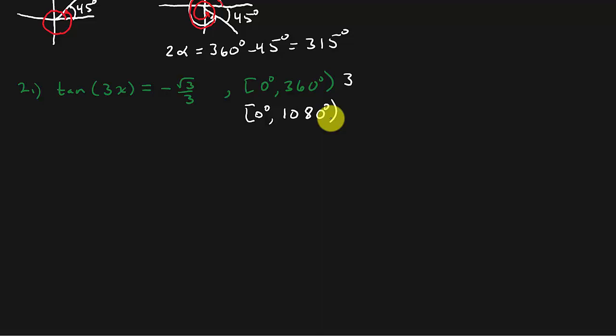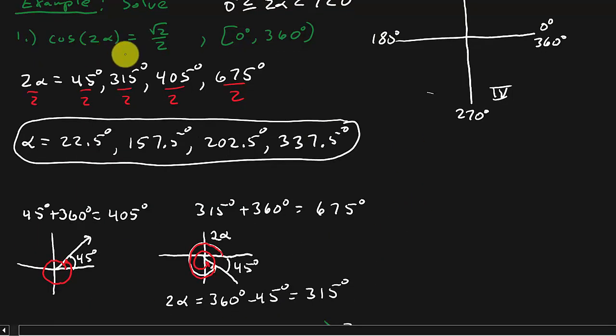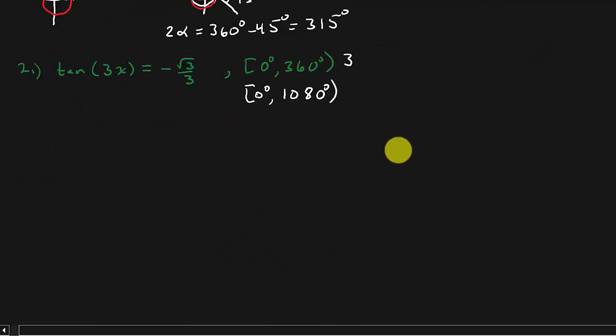Okay? All right, so I've got to find the solutions. Now, can you guess what we're going to do? Look, up here when it was 2 alpha, what did we do? We went around twice on each of the first quadrant angle and the fourth quadrant angle. What do you think we're going to do here? If you guessed we're going to go around 3 times, you would have guessed right.